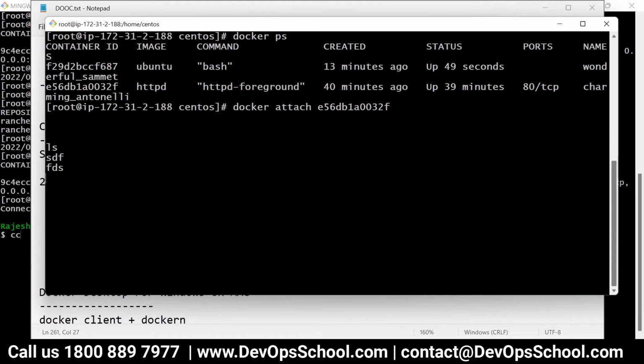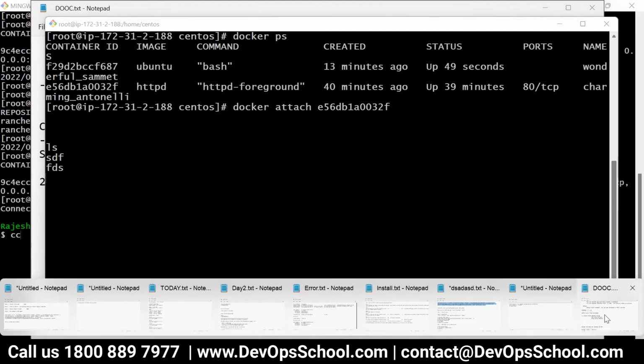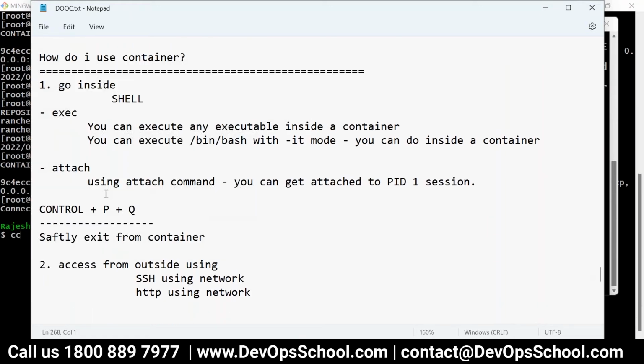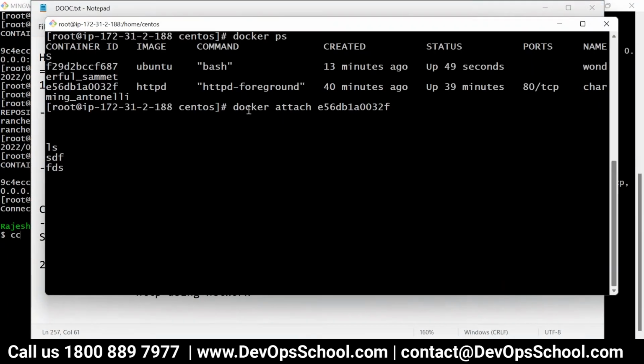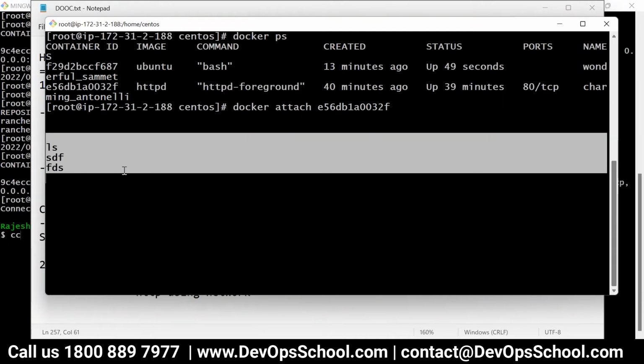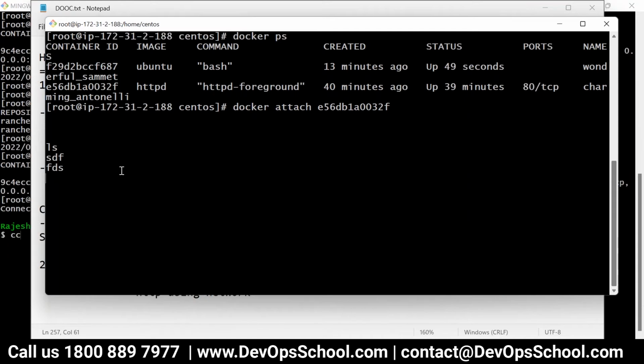The container of httpd, PID1. Please remember that. Using the attach command, you can attach to the PID1 session of the container. So you attach to the PID1 of the httpd container, which is httpd in the foreground, and this is not your bash, so it will not understand your commands. Bash was here, so you were able to run the command.